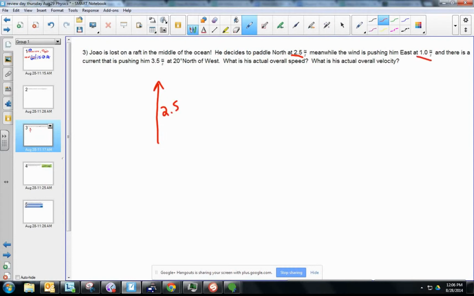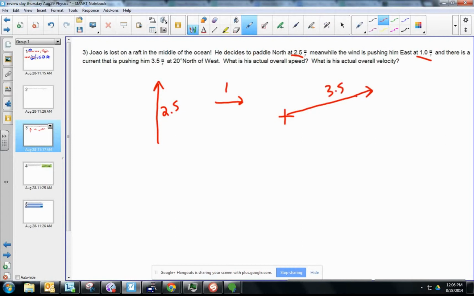We've got east at 1, so that's a little smaller. Then we've got north of west. If you make a little compass reference line, 20 degrees isn't a whole lot, so this is a pretty sharp angle. 3.5 is bigger than the 2.5, so I'm making it a little bit longer. And there's my 3.5.